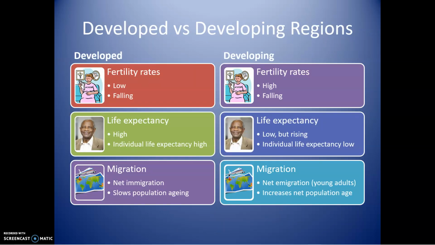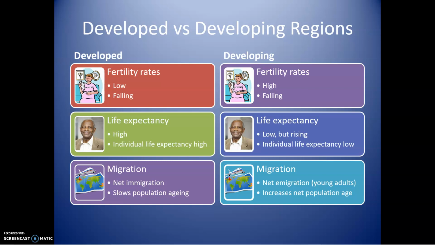This is just a comparison of the developed and developing world. So compared to the developing world, fertility rates in the developed world are low but still falling, which is a real concern. In the developed world, as opposed to the developing world, life expectancy is high, and individual life expectancy is now getting even higher.